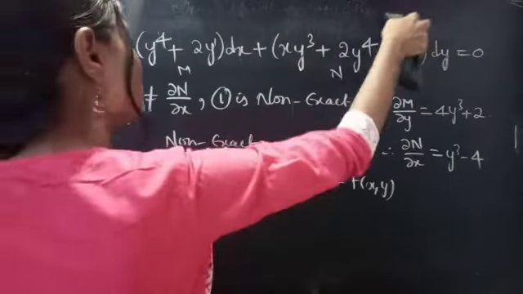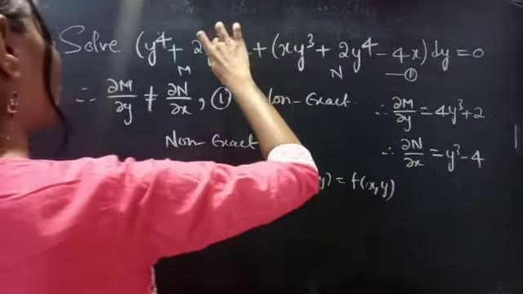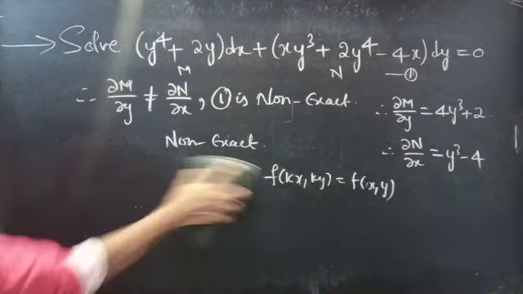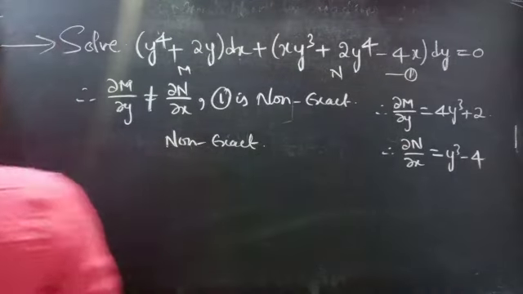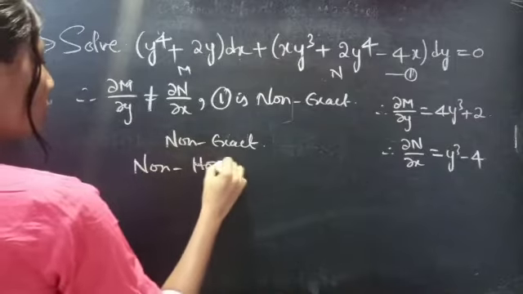If you have equal powers, then we can say that it is homogeneous. You can check using this. So the given equation is non-homogeneous.